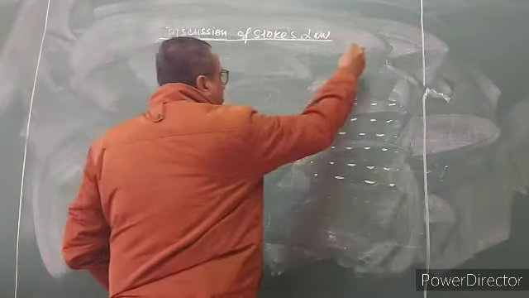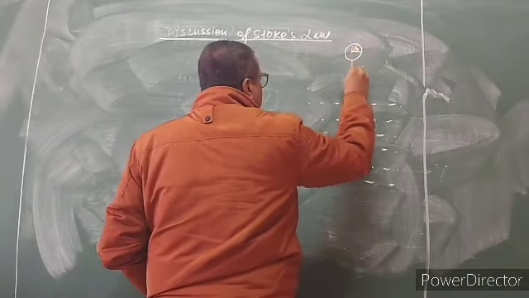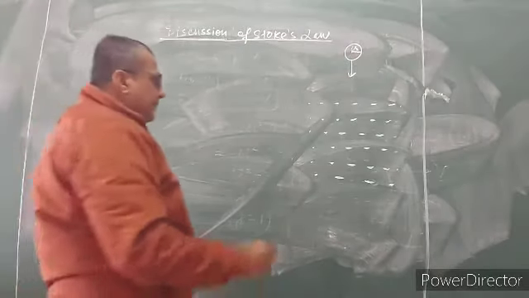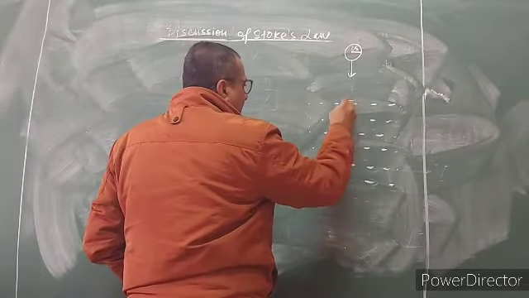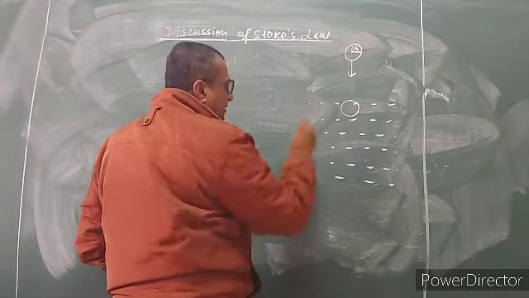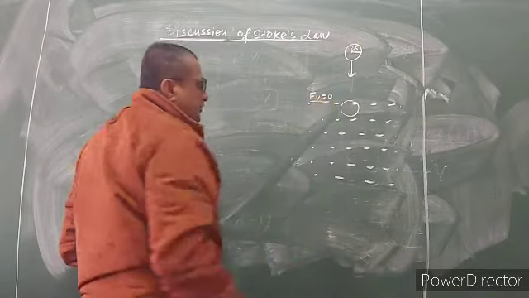When a solid body is dropped into the liquid, then at the initial level there will be no viscous force. Viscous force will be 0.